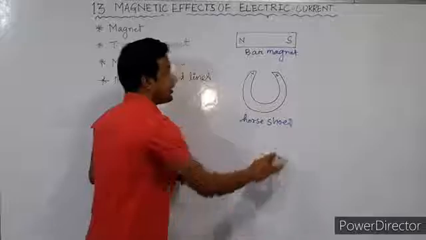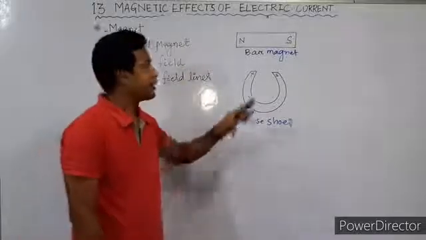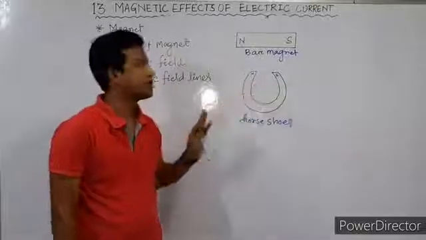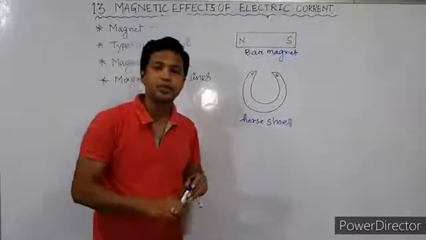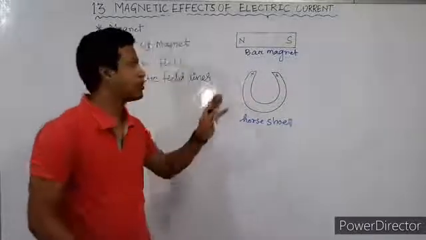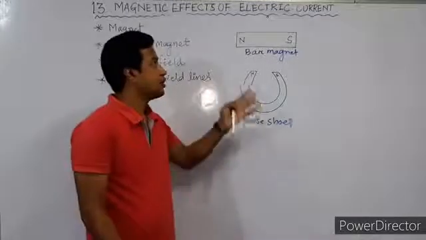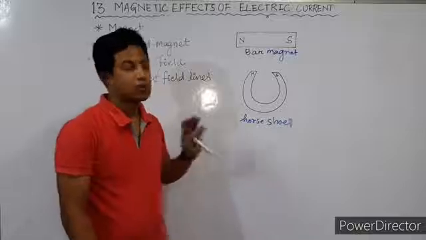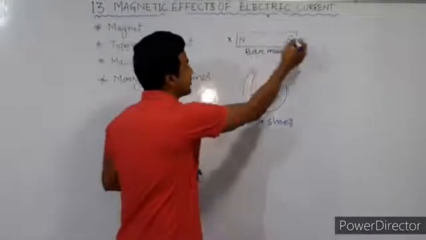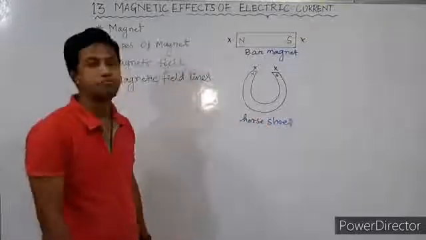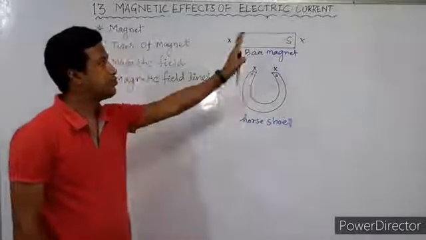These two magnets have two poles, north pole and south pole. Always remember, the magnetic strength or magnetic field strength is maximum at the poles. That means at the north pole and south pole, the magnetic field strength is maximum compared to other places.